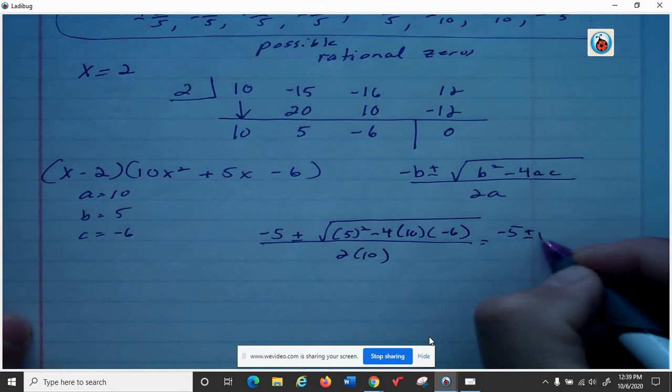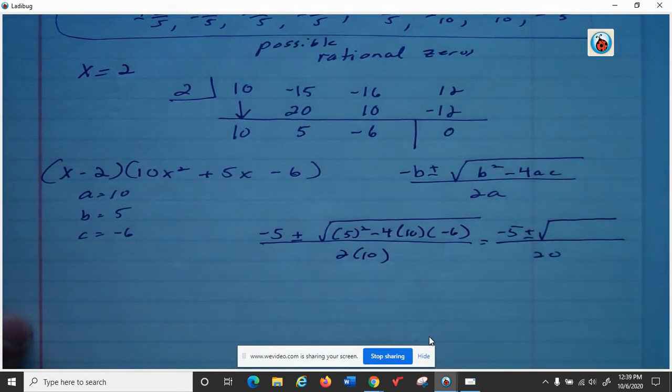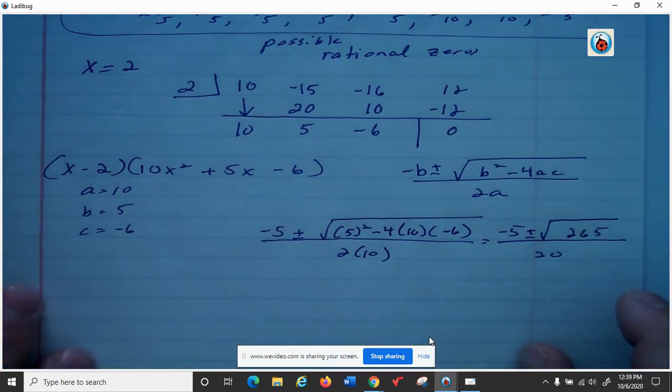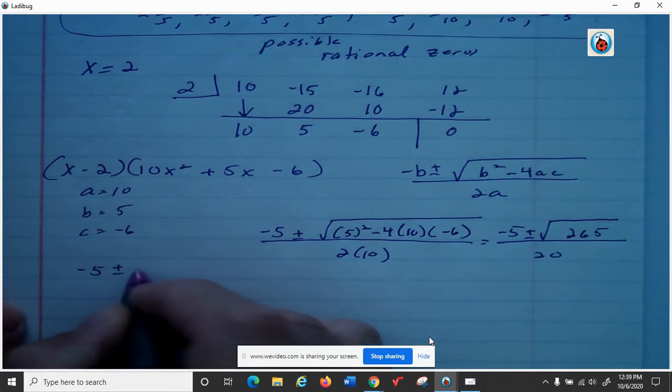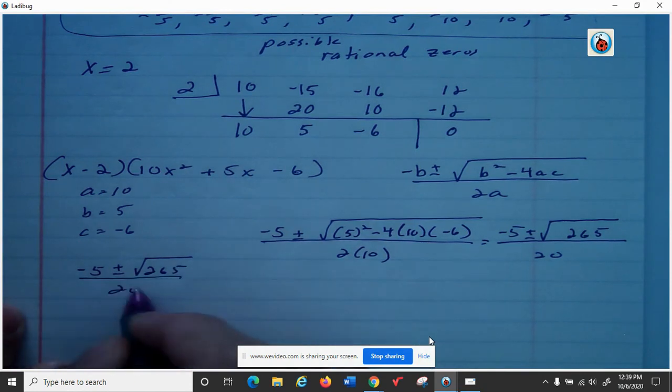I'm going to write this as an exact answer. So let me multiply 5 squared, which is 25, minus 4 times 10 times negative 6. This gives me 265. So right now what I have is negative 5 plus or minus the square root of 265 all over 20.